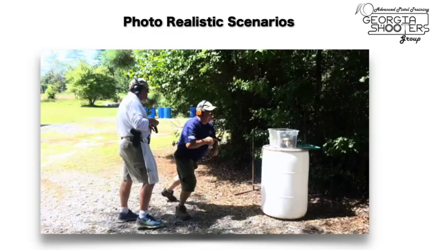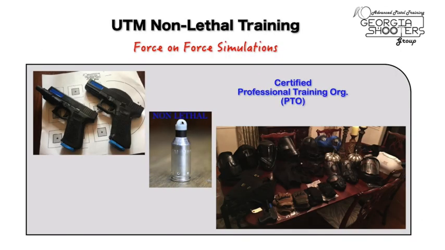Then we use these skills to run through realistic scenarios, and eventually we go to the force-on-force training to finish out some of the most realistic and comprehensive active shooting training available for the average citizen.